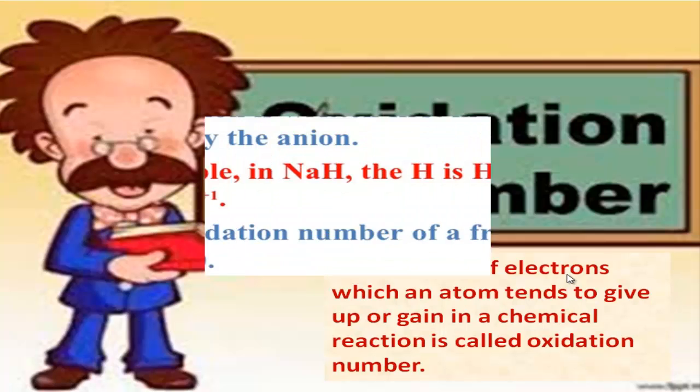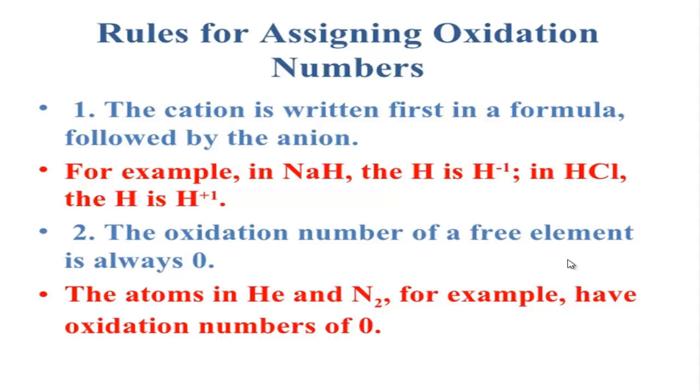There are some rules for assigning oxidation numbers. First, the cation is written first in a formula. That means when you write a formula of a compound, at first you write the positively charged part and then the negatively charged part. For example, sodium hydride: sodium is a positively charged atom and hydrogen is negatively charged.